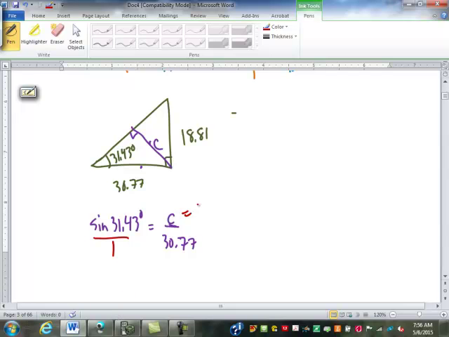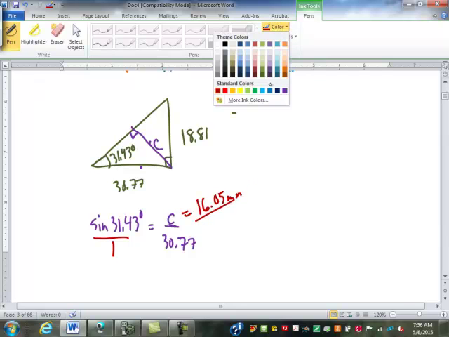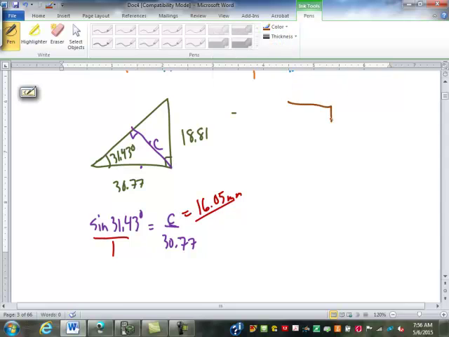Okay, so sine of 31.43 times 30.77 gives us 16.05, okay. And now we're going to use that in a triangle to find T. This is our T. This is 16.05. This was our 10 that we guessed for a depth.